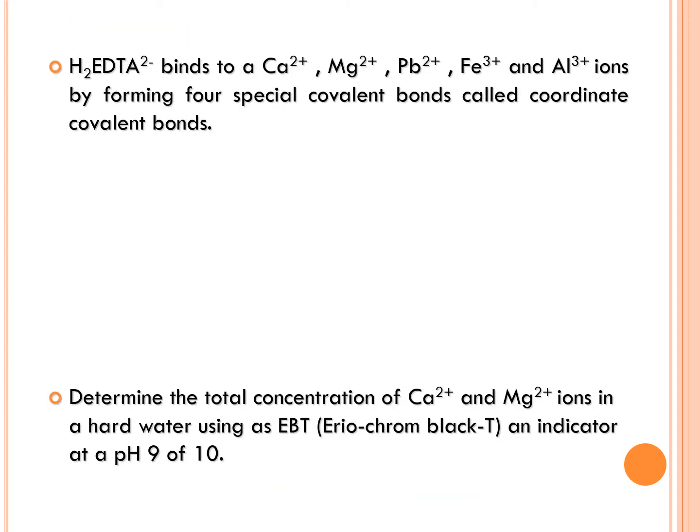Now the question arises: how will we make the pH 10 of the water solution? To sort out this problem, we have to add a basic buffer solution in the water before adding the EDTA, so that the water pH will be around 9 to 10.